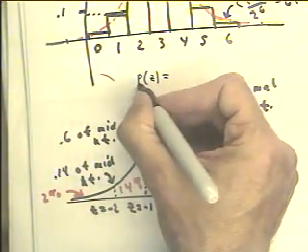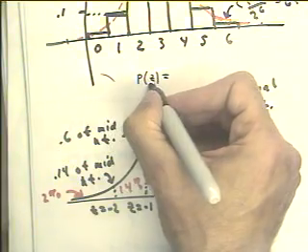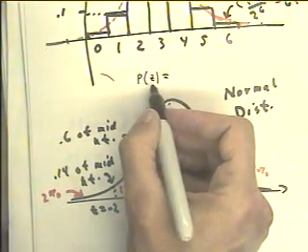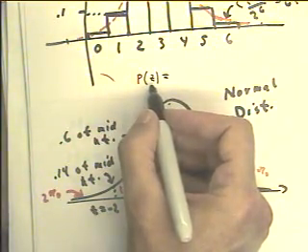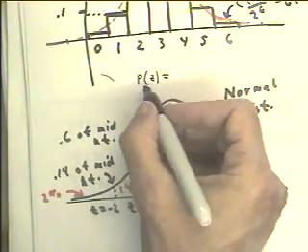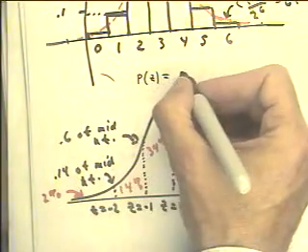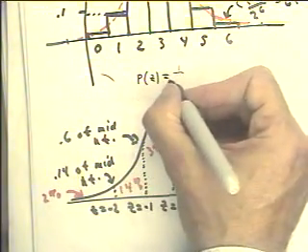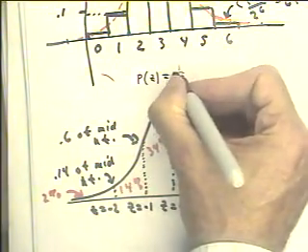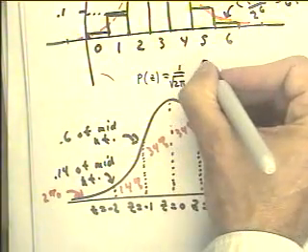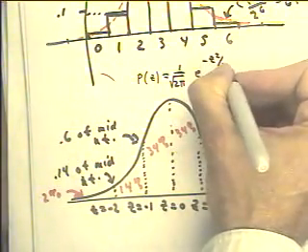It's a function P of the variable z, where z is the number of standard deviations from the mean, the z-score that we calculated and looked at in the last example. And this is going to be 1 over the square root of 2 pi times e to the negative z squared over 2.